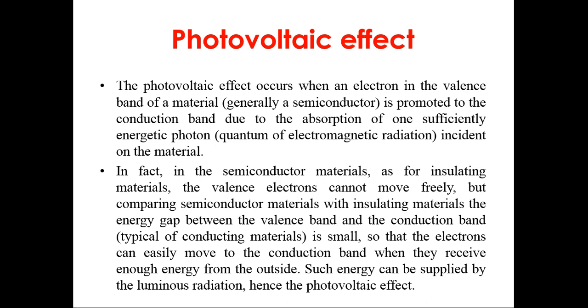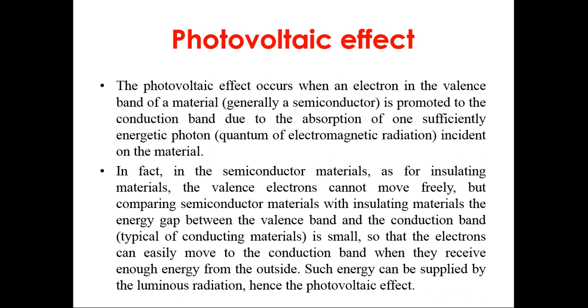In insulating materials, the valence electron cannot move freely, so it's bound. So we need some external means. In this case, there is light. It will push the electrons towards the load.